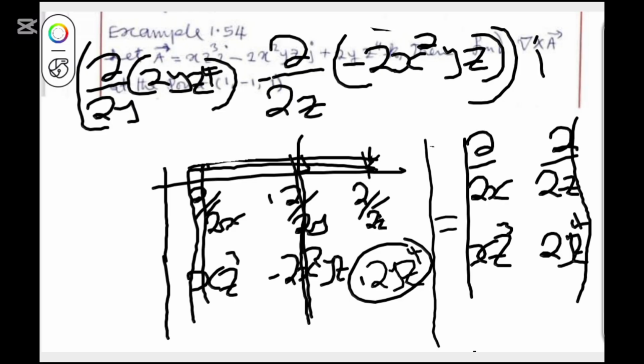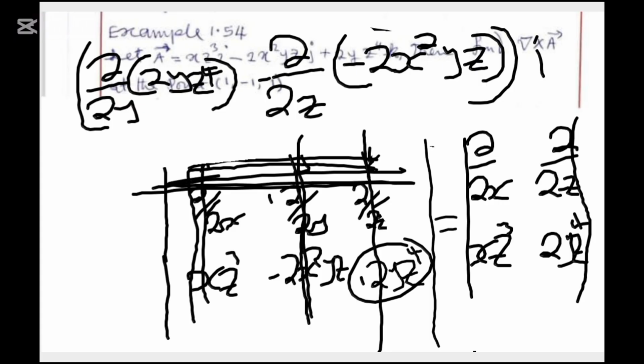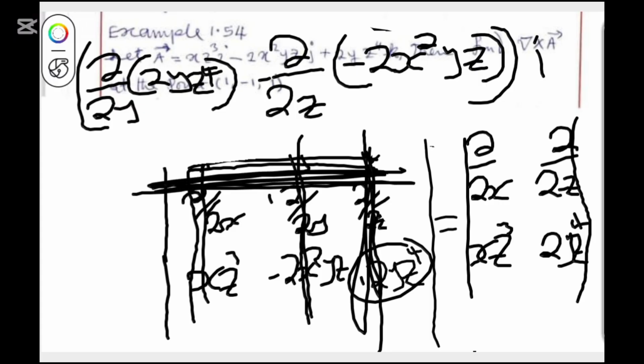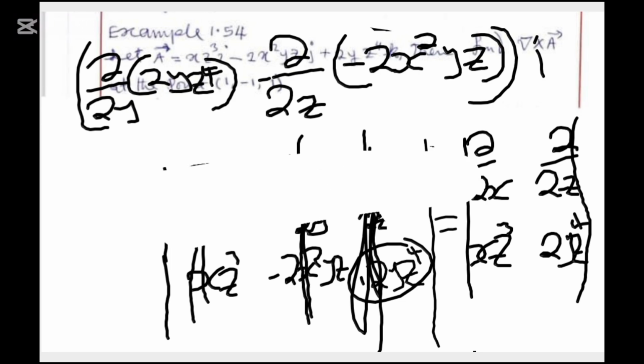Then you have to take note for the value of k. For the value of k, I delete this and this, this and this. I'm only left with the partial of x, the partial of y, and also xz cubed, and also -2x squared yz. Take note of that. Make sure you write it down.